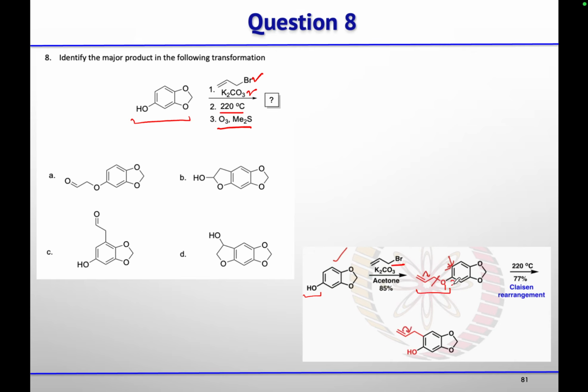Here this is 1, 2, 3, and this is 1, 2, 3, so it will undergo 3,3 sigmatropic rearrangement to give this product. This is an example of the Claisen rearrangement. Then you are treating this with ozone, followed by quenching with dimethyl sulfide.